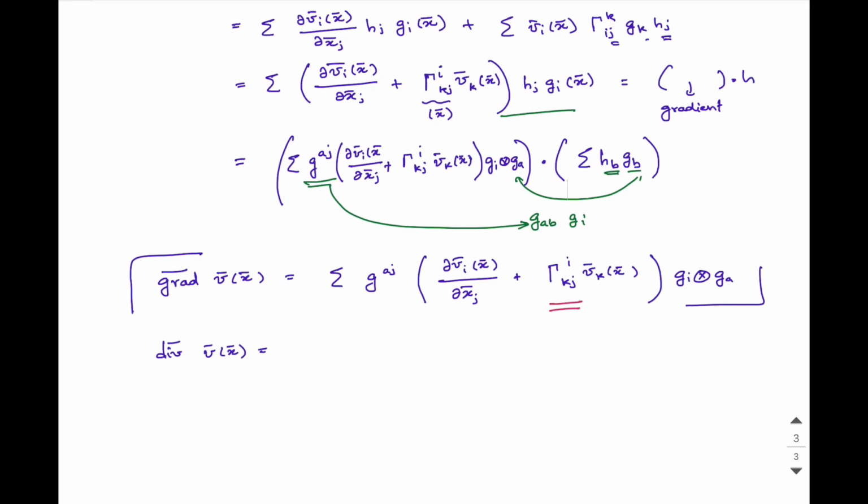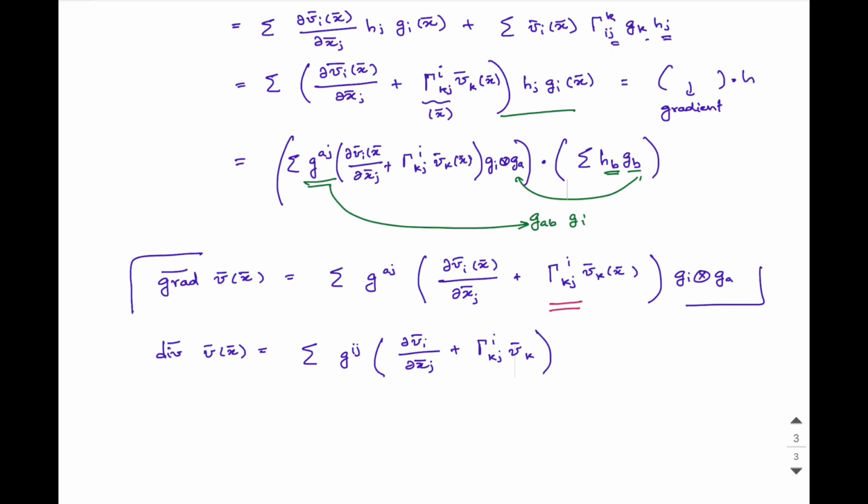So wherever I see an a, I replace it with i, and that's it. So it's going to be summation of g i j times partial V bar i by partial x bar j plus gamma i k j V bar k. That's it.